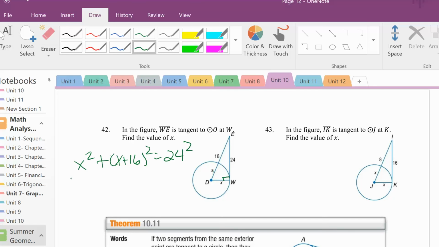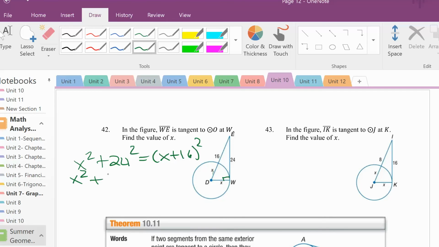So remember, when we square an expression here, that X plus 16 squared is the hypotenuse, actually. So we have to rewrite this. X squared plus 24 squared equals X plus 16 squared, because it's the hypotenuse.